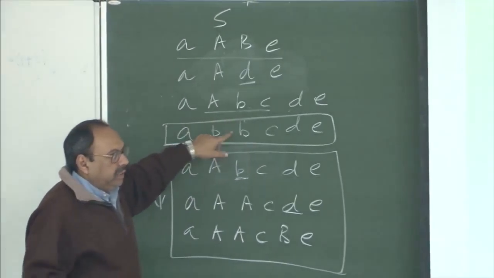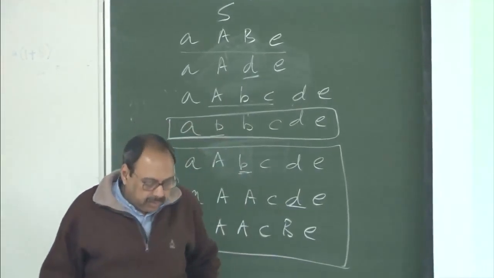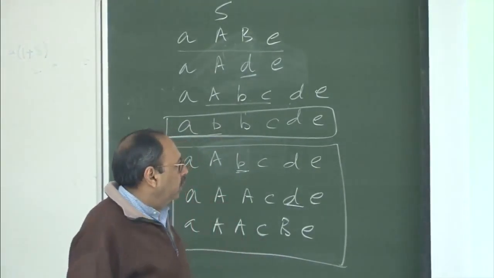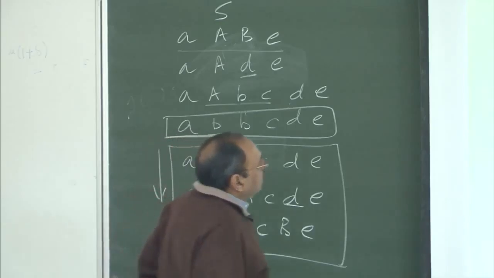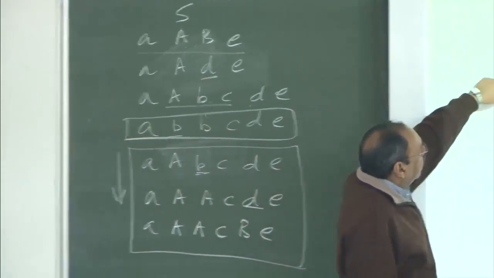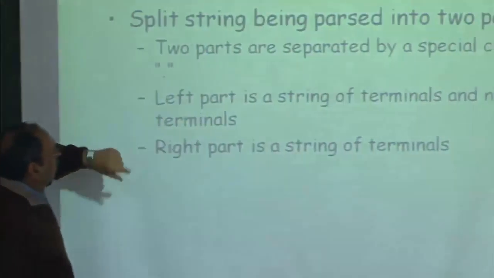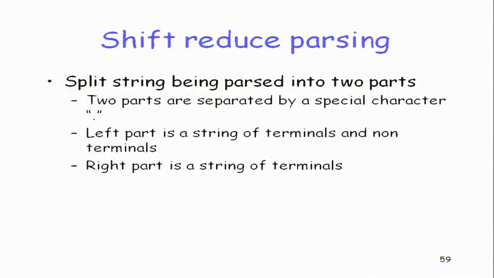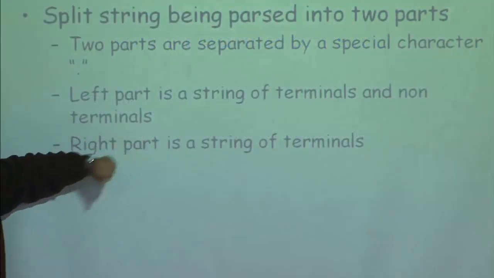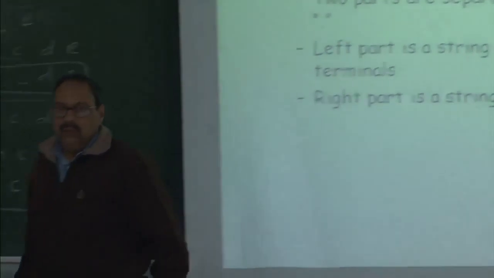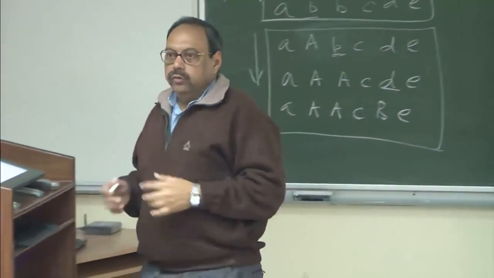So let's put an imaginary symbol in the middle of the string and call it dot. Because I am doing a reverse of rightmost derivation, the left hand side of dot is going to be a string of terminals and non-terminals, and what is on the right of the dot is always going to be a string of terminals.